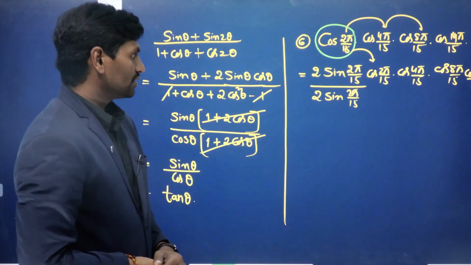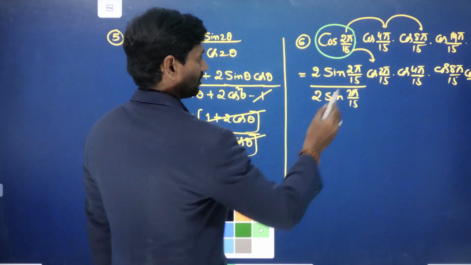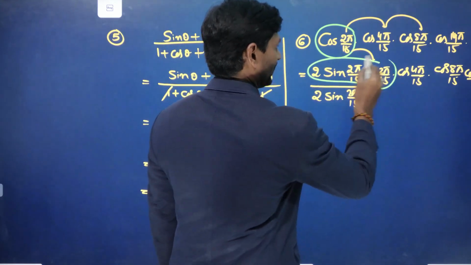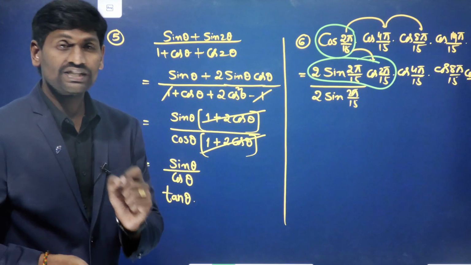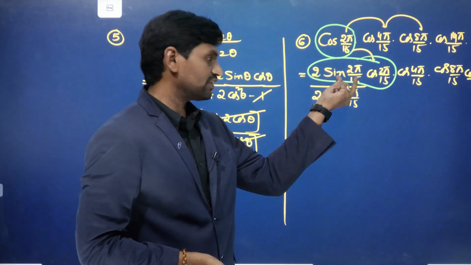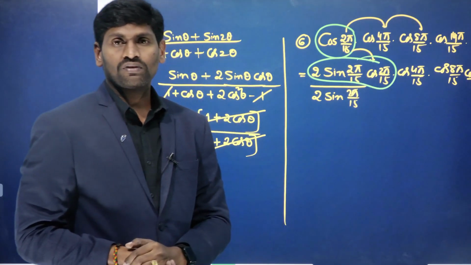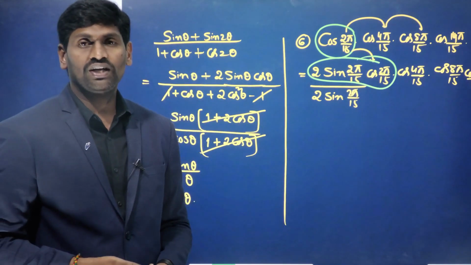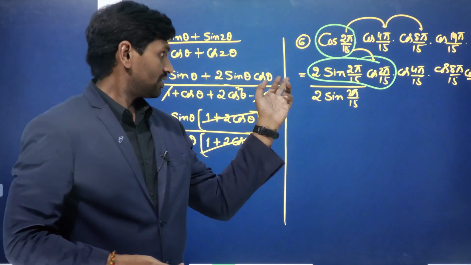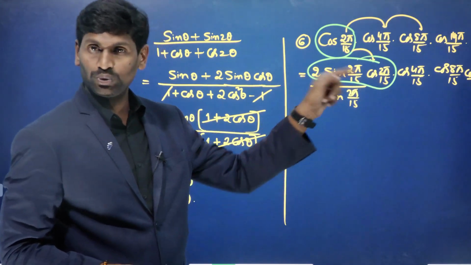Okay? So from these first two terms, 2 sin theta cos theta, here theta is 2 pi by 15. In the place of theta we can see 2 pi by 15, here also 2 pi by 15. So 2 sin theta cos theta is sin 2 theta.